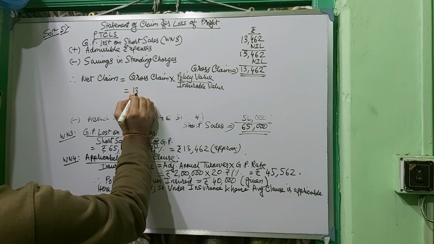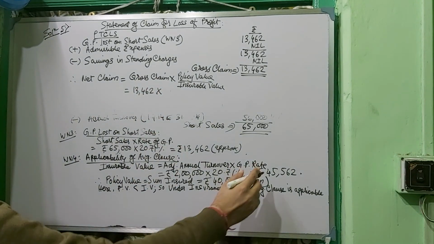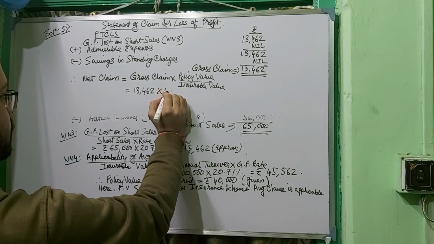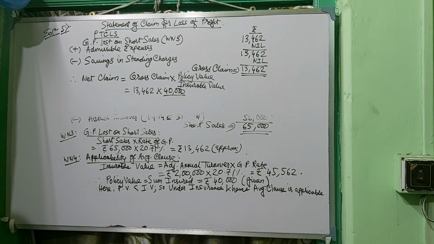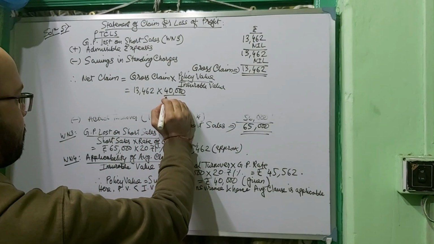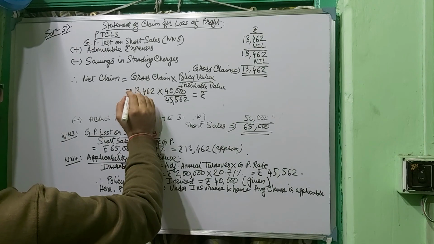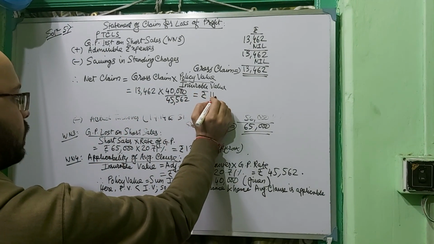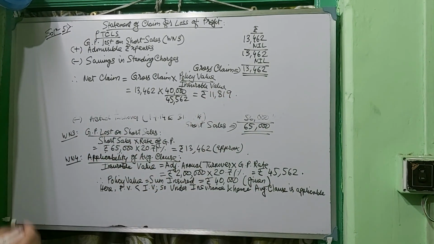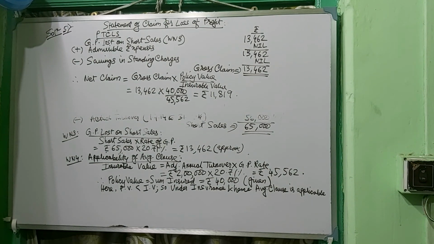Gross claim is 13,462 into policy value given in the sum as 40,000, and insurable value you just calculated as 45,562. If you calculate this, 11,819 is your net claim. You need to calculate like that while getting the answer.